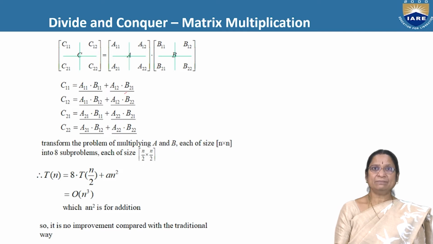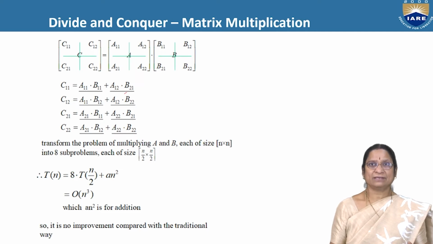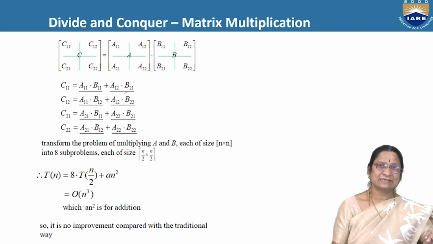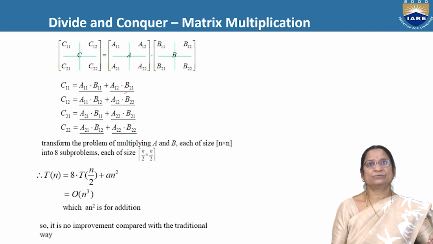So that's why 8 multiplications are there. We are transforming the larger problem into 8 smaller problems of multiplications of matrices of smaller size, each of size n by 2 by n by 2.